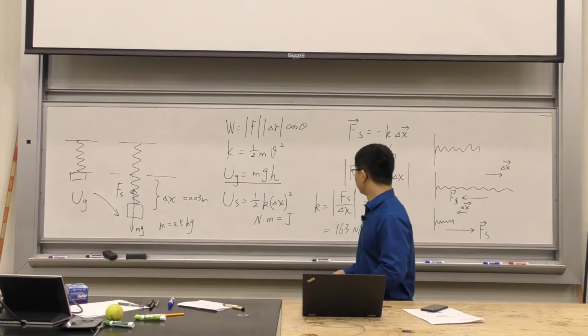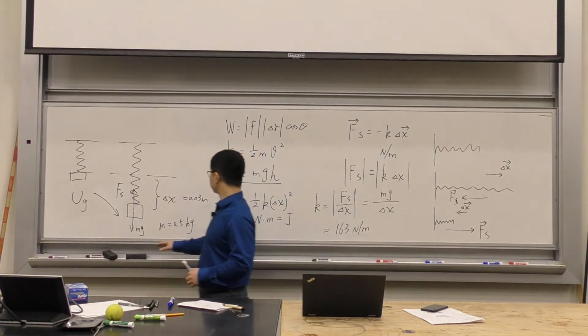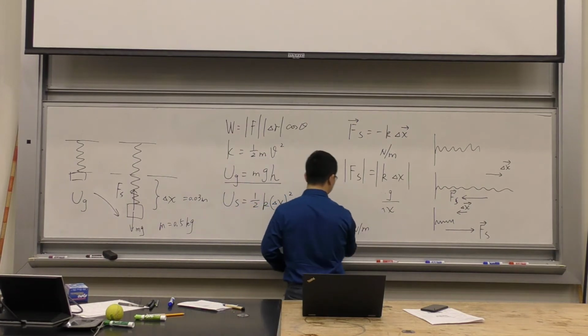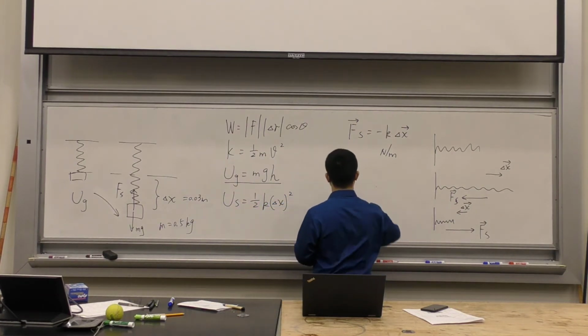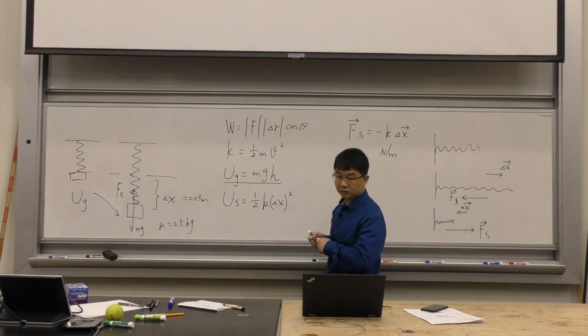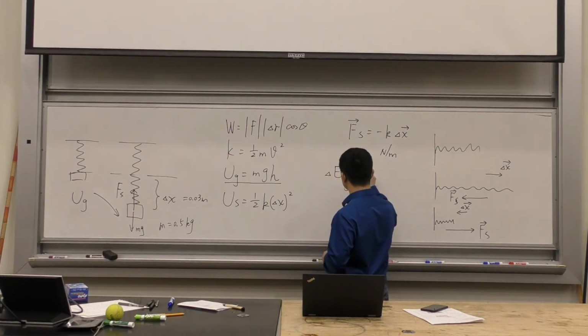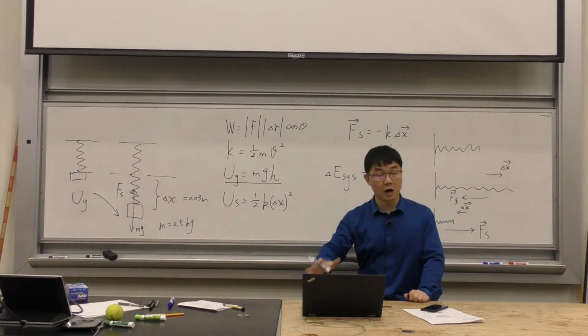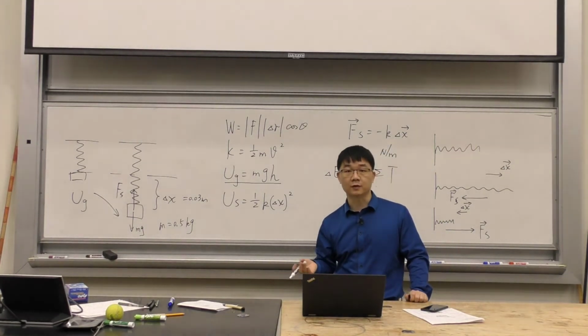So if you want to put it in equation form, what I usually do is this. I would write it this way. If there's a closed system, I can calculate the change in the energy of the system. It's always going to be equal to the energy transferred into or out of this system. Very intuitive, right?